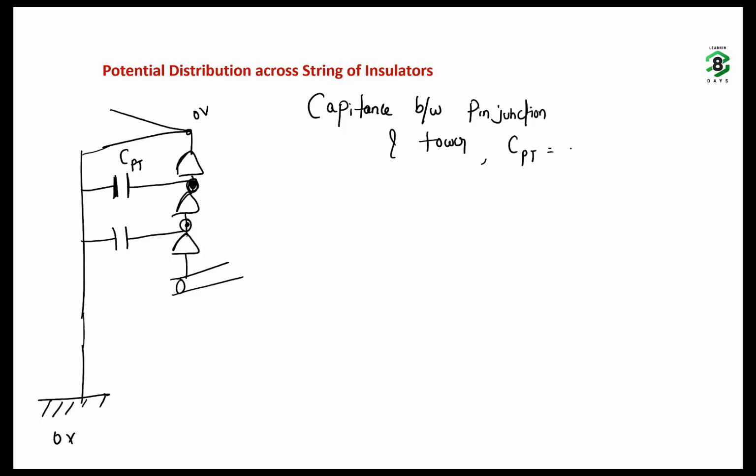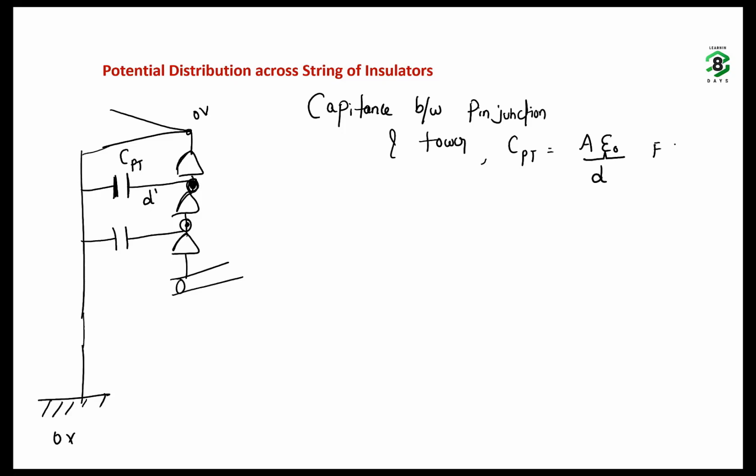Now it is given by the area of cross section of the pin junction into epsilon naught. Let us call this distance between the pin junction and tower, say, D. So the capacitance is given by A epsilon naught divided by D, so many farad.